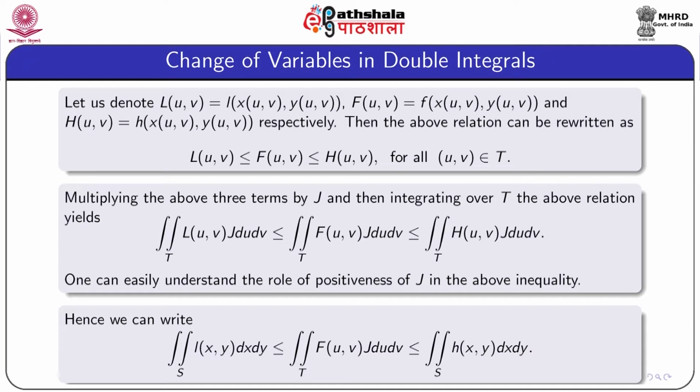We multiply the above three terms by J and then integrate over T. So, we find that the double integral over T of L(u,v) J du dv is less than or equal to the double integral over T of F(u,v) J du dv, which is less than or equal to the double integral over T of H(u,v) J du dv.